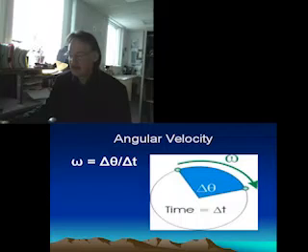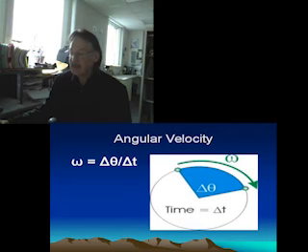Now, let's go to the next step. Since the old definition of V for linear motion was delta x over delta t, remember the definition of velocity, then to take this into a rotational equation, we replace delta x by delta theta.